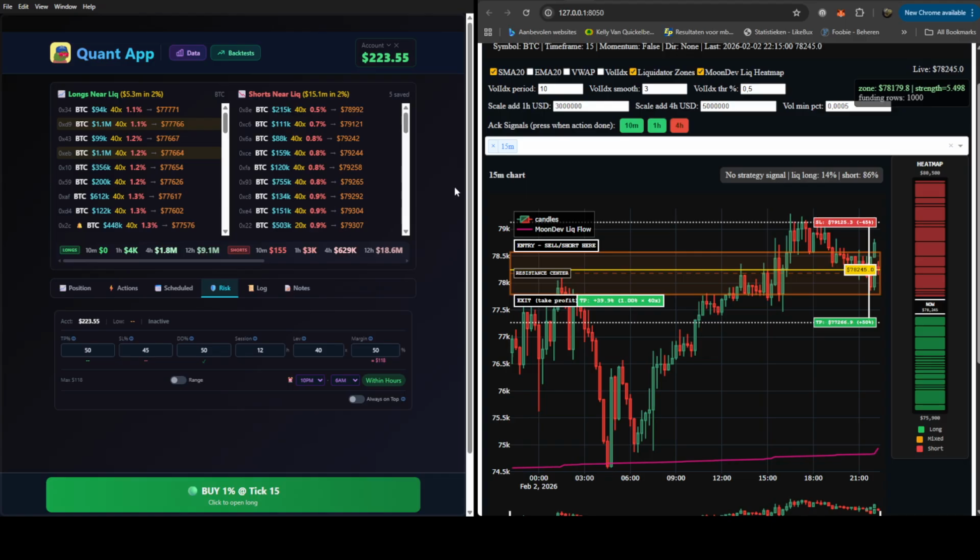For now, I already backtested the strategy, the same one, but without my own new indicator. So this will be a perfect test to see how it would have performed in the history, in the past.